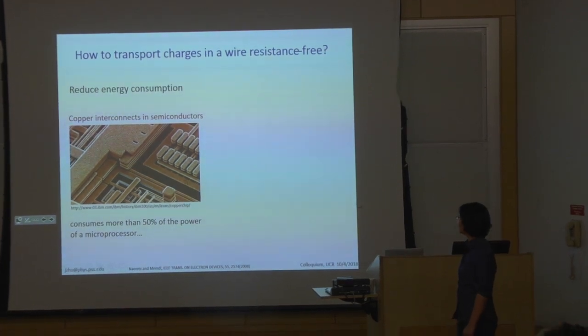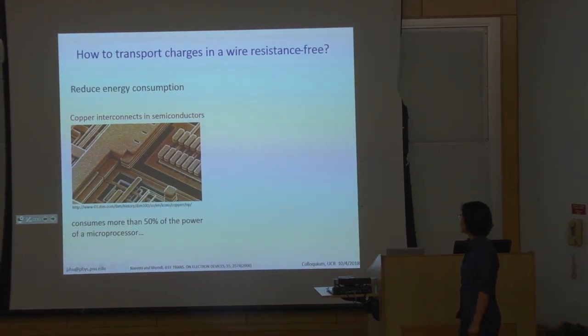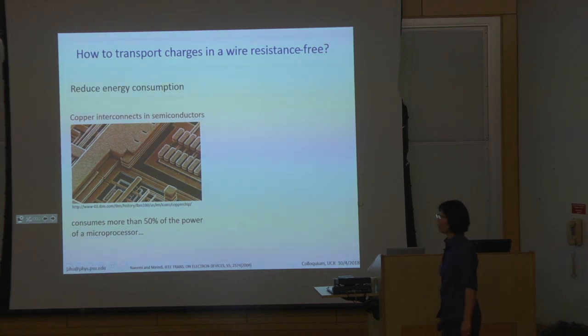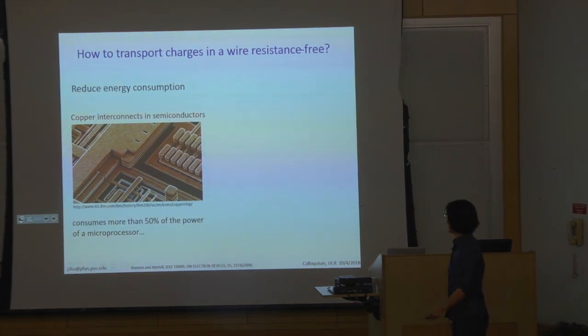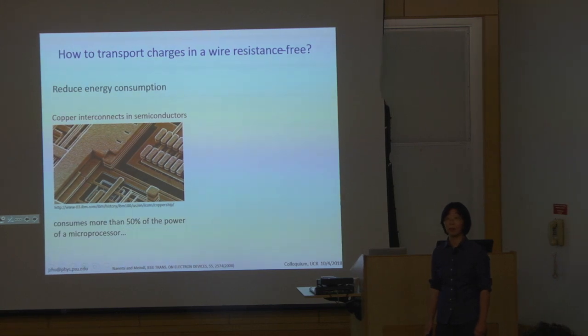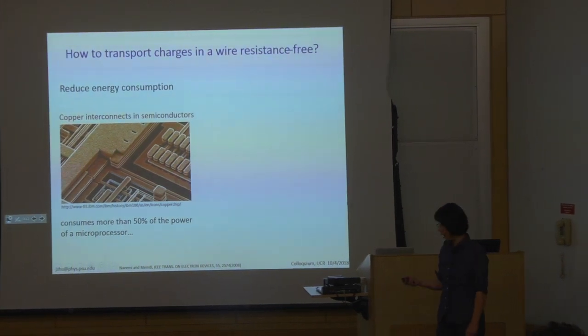In order to operate them, we have layers and layers of copper interconnects, up to 11 layers in our microprocessors. And these interconnects consume more than 50% of the power of the microprocessor. So reducing the resistance of your wires is a very important question.